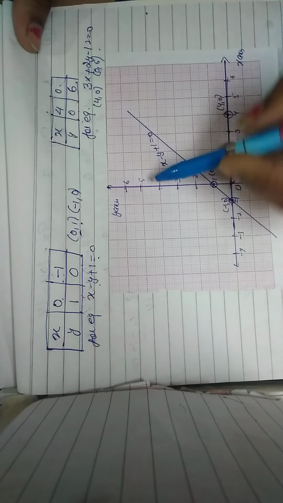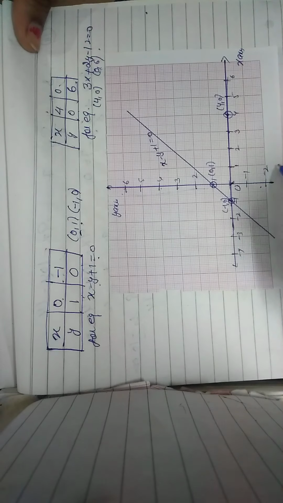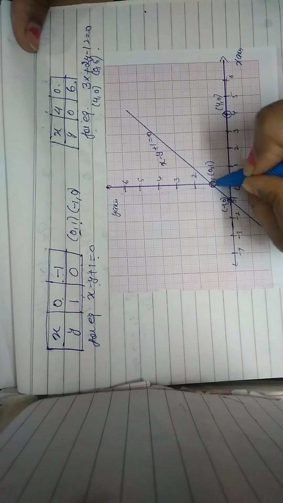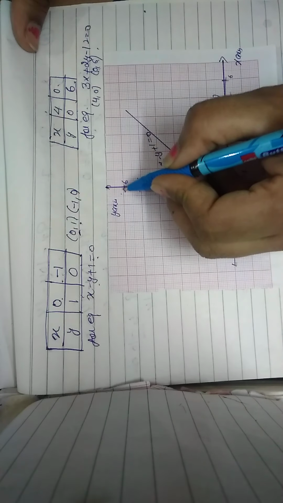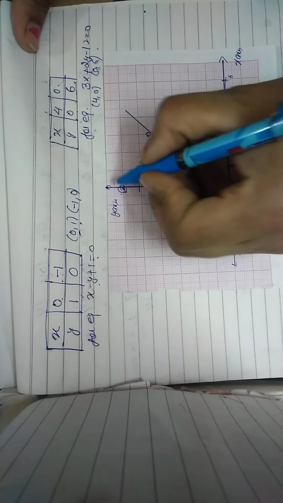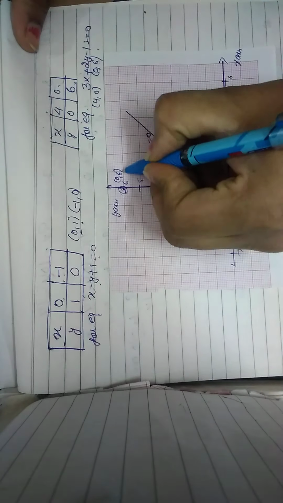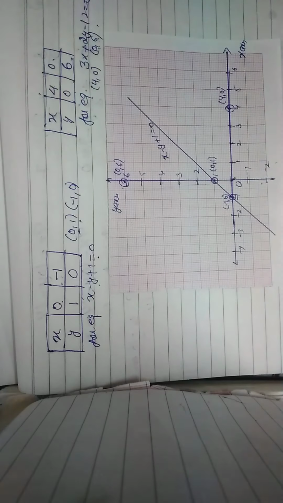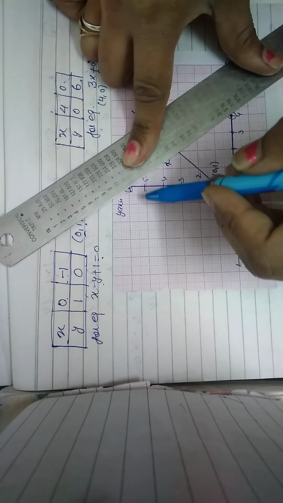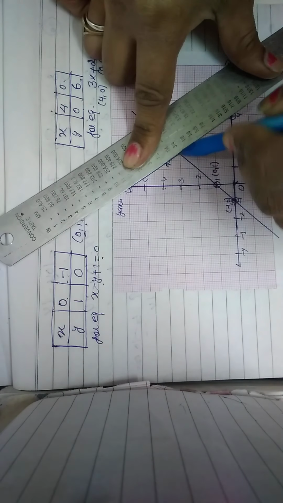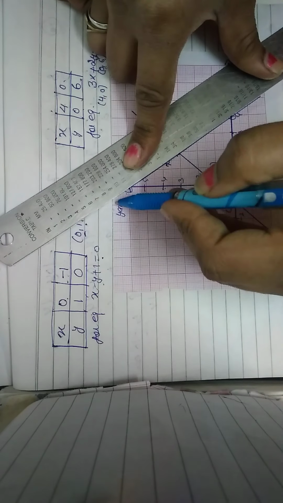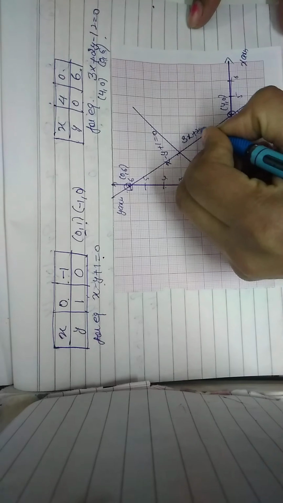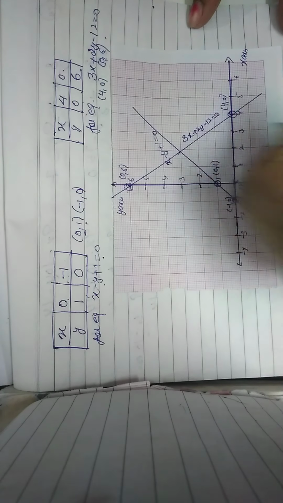X is 0 means the point lies on the y-axis, and y is 6: 1, 2, 3, 4, 5, 6. Now join these coordinates with the help of a scale, like that. Write down the equation 3x plus 2y minus 12 equal to 0.